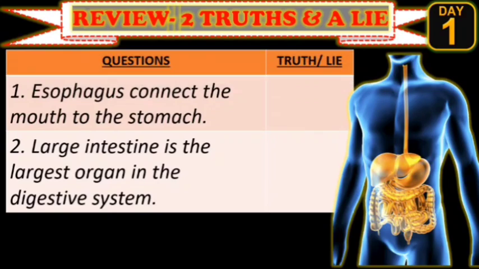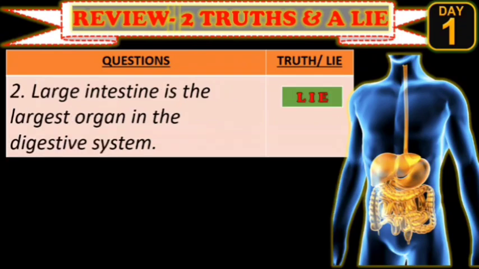Another question is, esophagus connect the mouth to the stomach. So what's the answer? The answer is truth. Next number, large intestine is the largest organ in the digestive system. Is that truth or a lie? That is a lie.